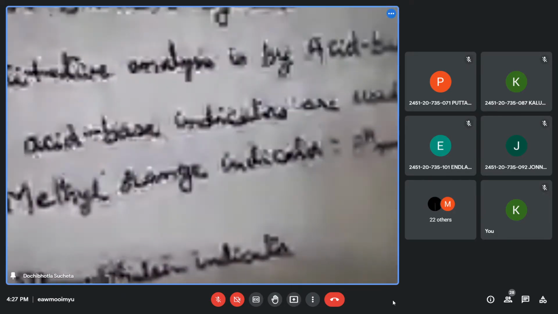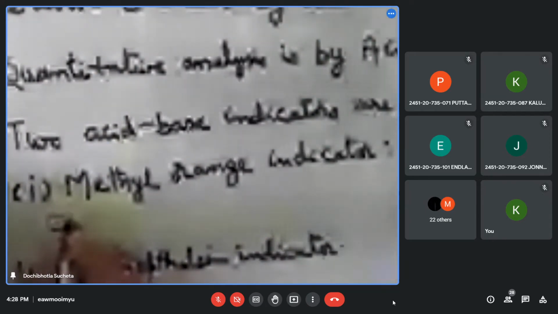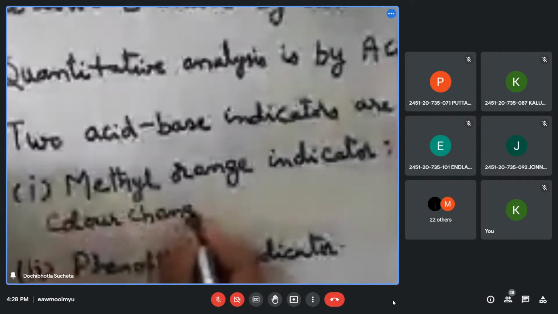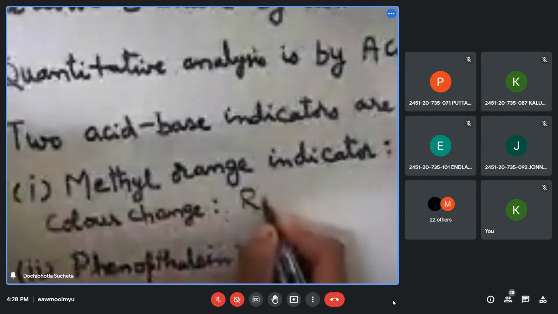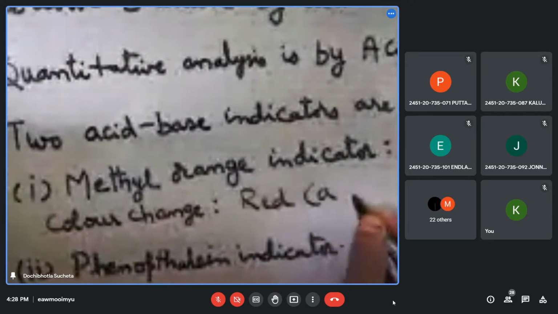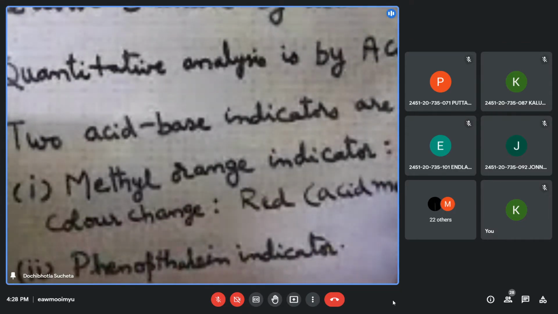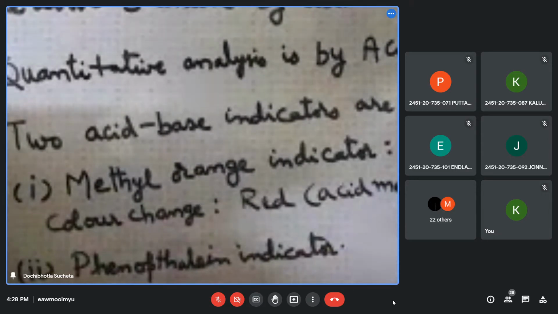Then the color change is red in acidic medium and yellow in basic medium.